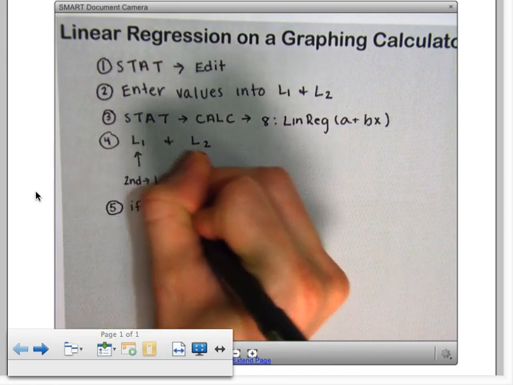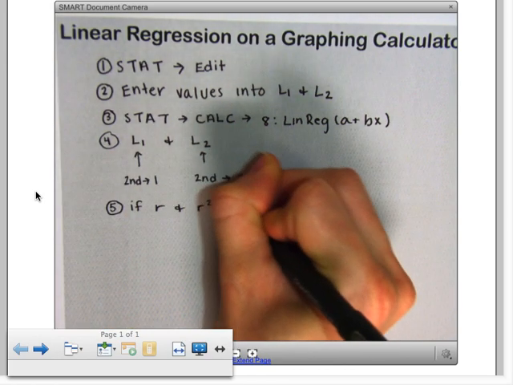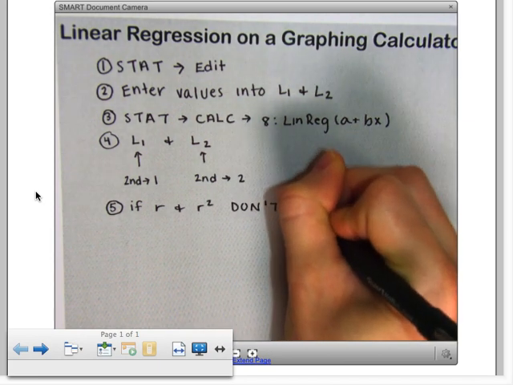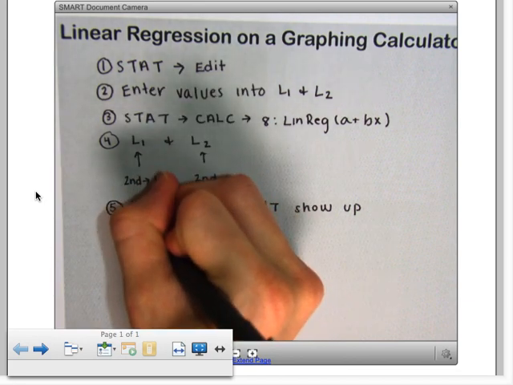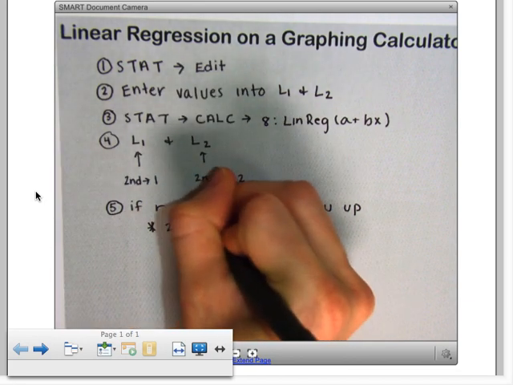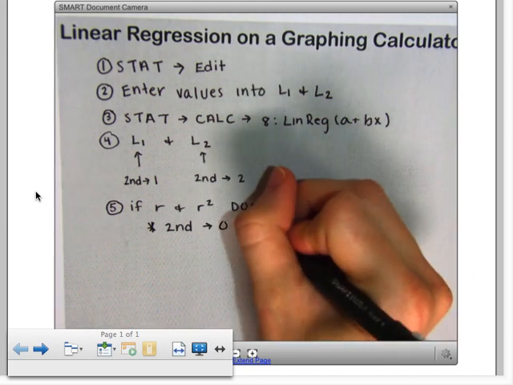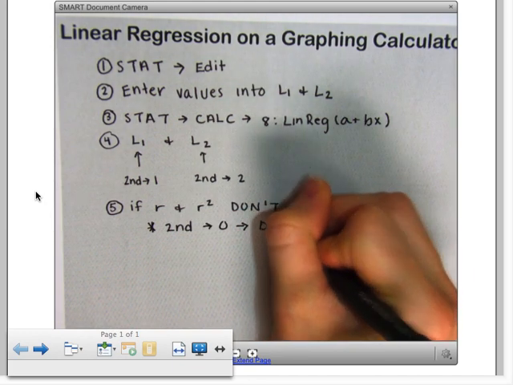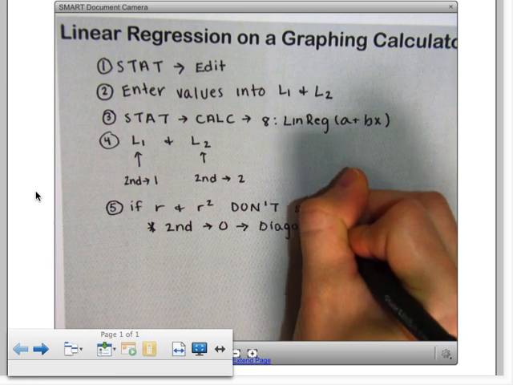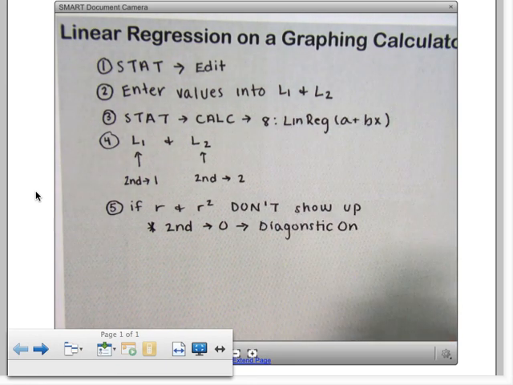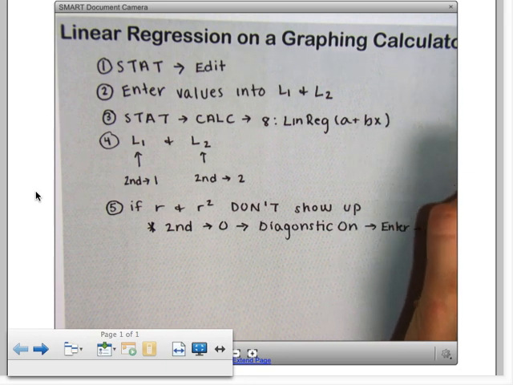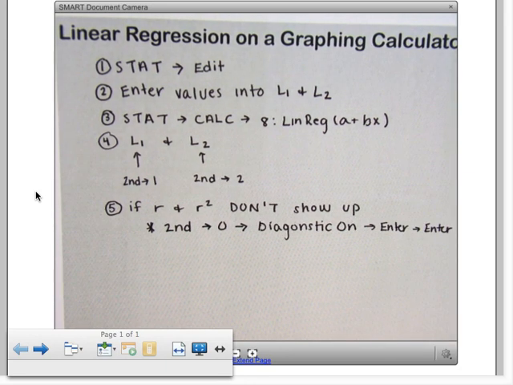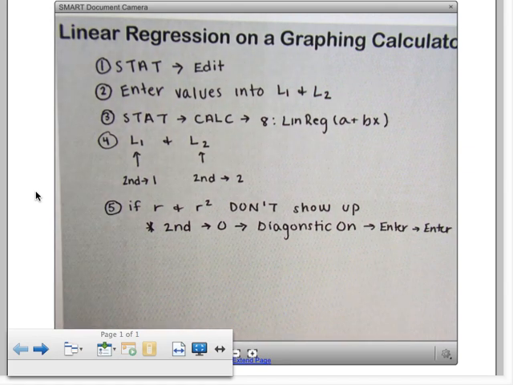So if r and r squared don't show up, you're going to go to second and then 0, and then scroll all the way down to diagnostic on, and then you're going to have to hit enter twice. So enter, enter. Okay, and this is in alphabetical order, so the diagnostic on will be all the way at the end.